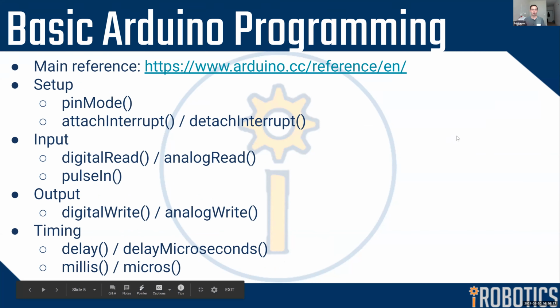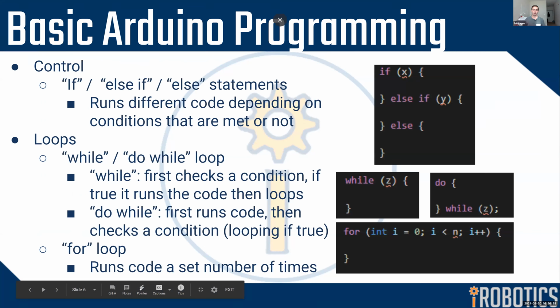Okay. So next, you have the flow of how your code is going to work. You have control structures and loops, which are basically all you really need in Arduinos. So you have if else statements. You can see the structure on the right in my wonderful dark mode IDE.